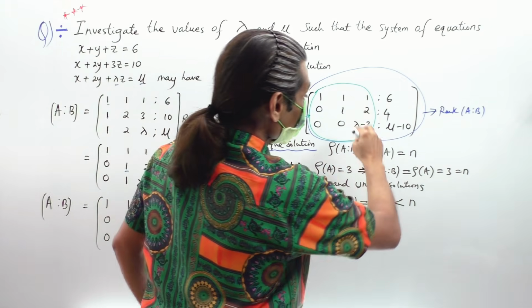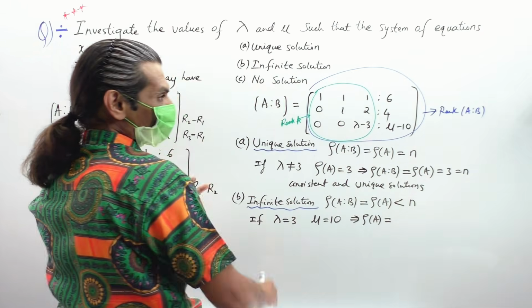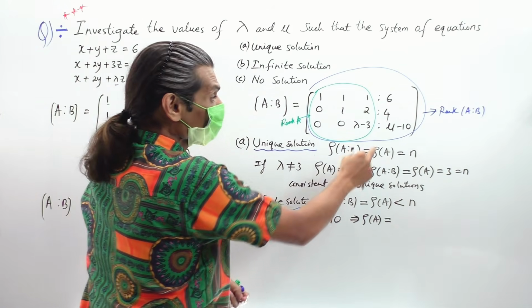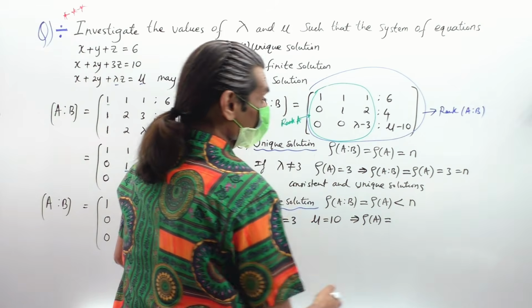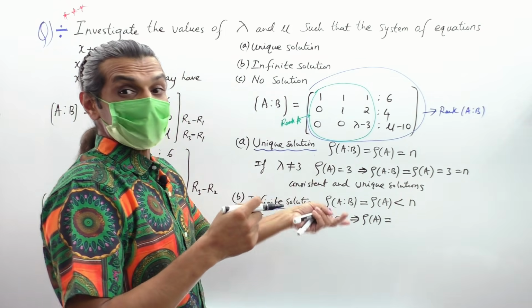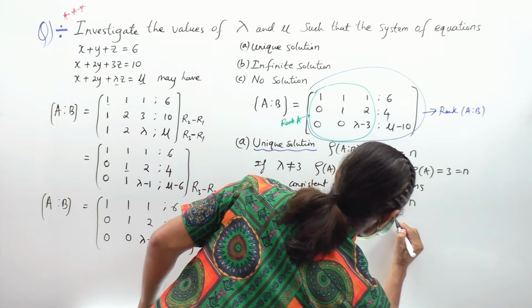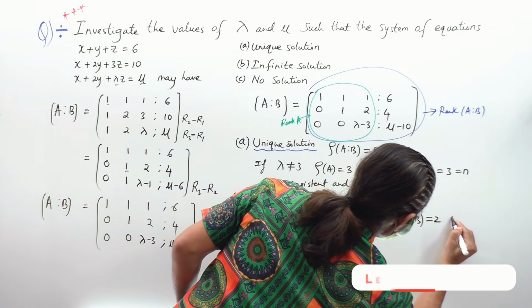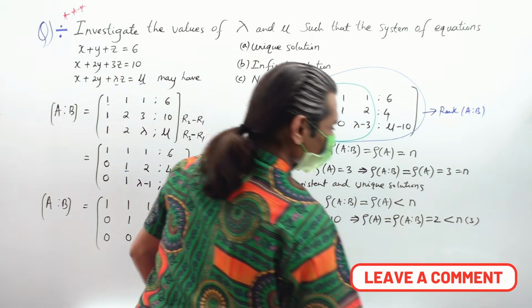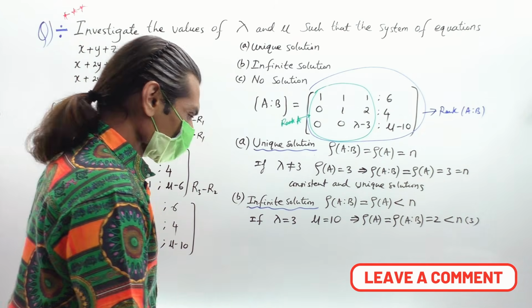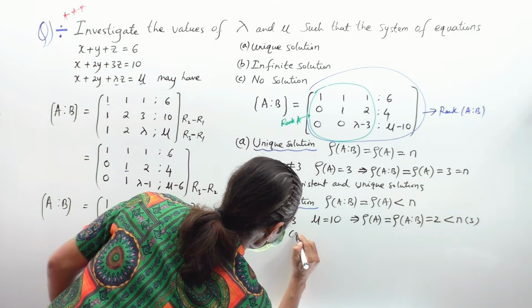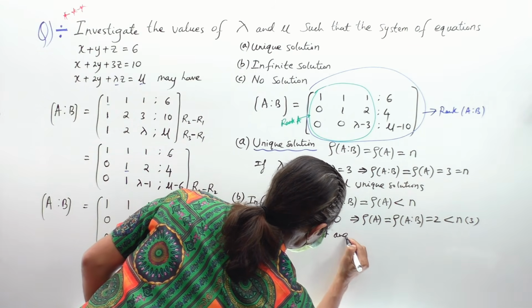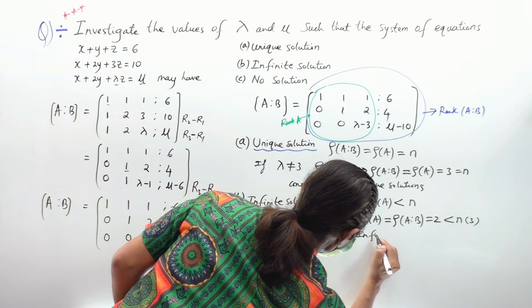Similarly, rank of A augment B, the whole matrix, 10 minus 10, because I have taken lambda equal to 3 and mu equal to 10, is 0. So the whole row is 0. So the rank of A is also 2, and the rank of A augment B is also equal to 2, lesser than n, which is 3. That is it. Therefore, you can say consistent and infinite solutions.